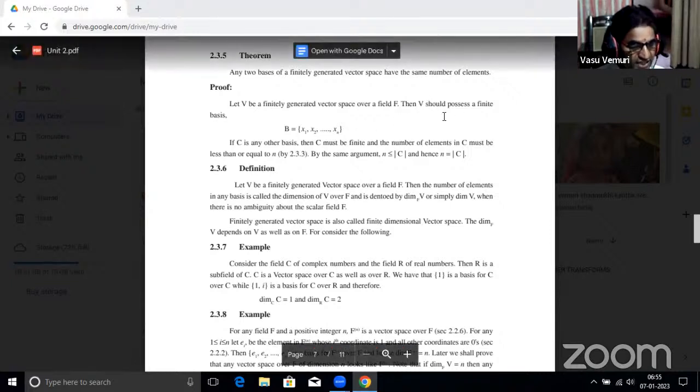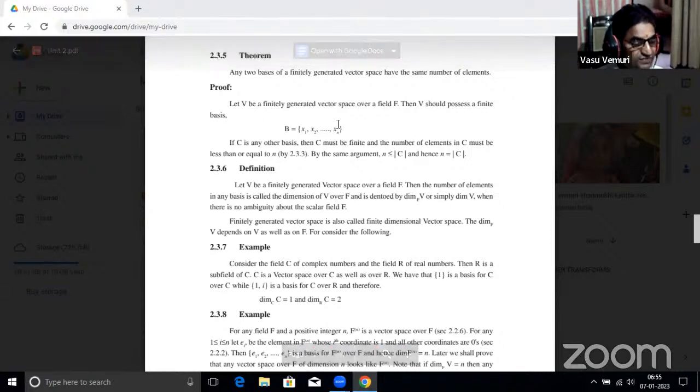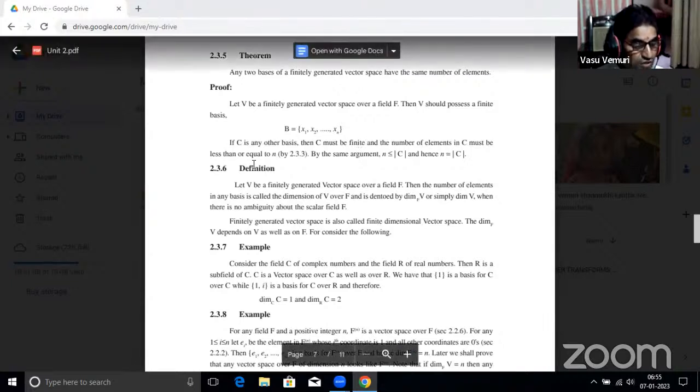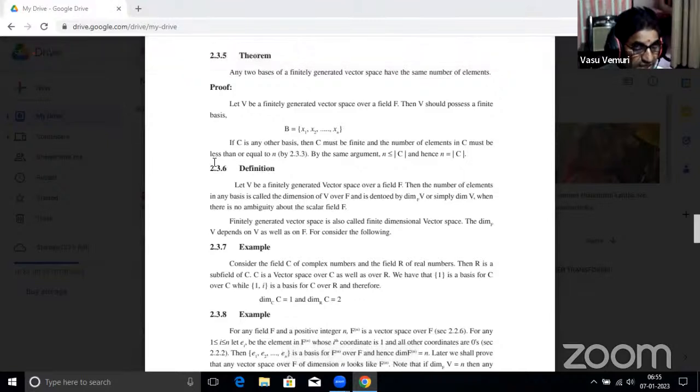Now that vector space should possess a finite basis. The finite basis set has finite elements, capital B equal to x1, x2, so on, xn. Another basis set is capital C. C must be finite, and the number of elements in C must be less than or equal to n.